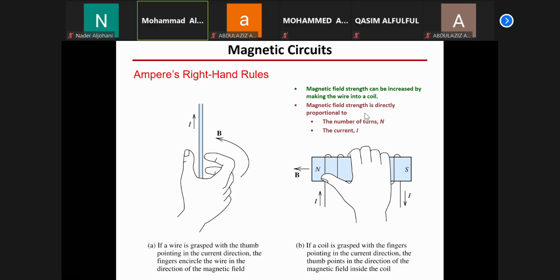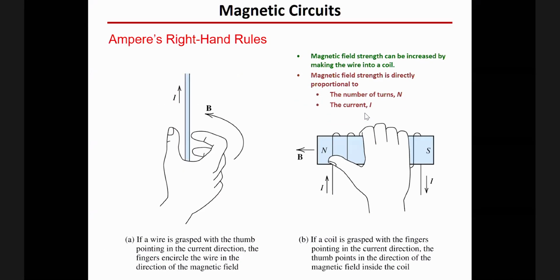The difference here is that on the right side we are increasing the amount of magnetic field. How can we increase the amount of magnetic field? We know that if we increase the current, the amount of magnetic field will increase, because the magnetic field is linked to the amount of current in the wire.